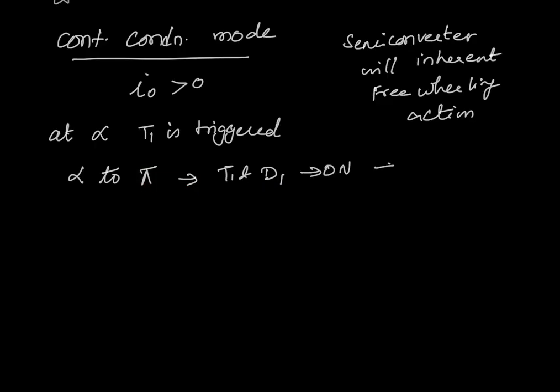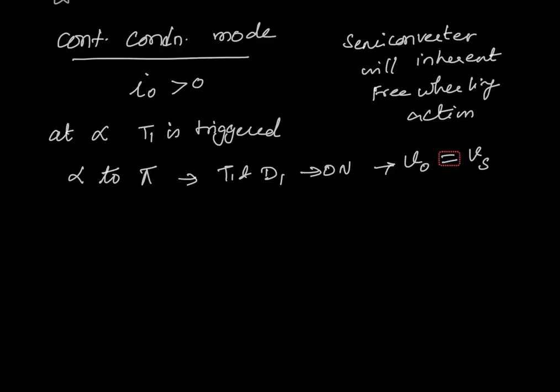Therefore, the output voltage V0 will follow the input voltage Vs. Since the load current is continuous, I0 will still flow. I0 will not reach 0, so it will always be greater than 0.